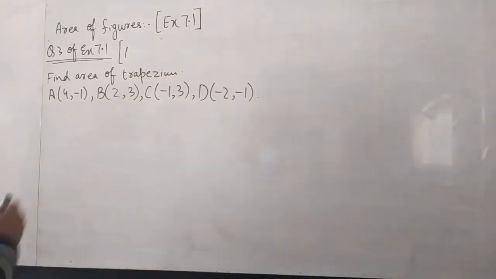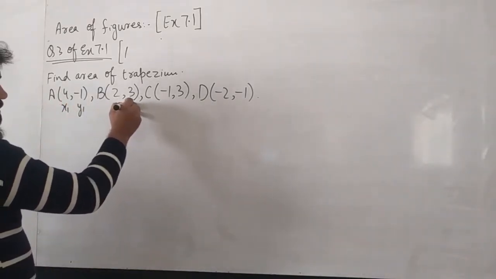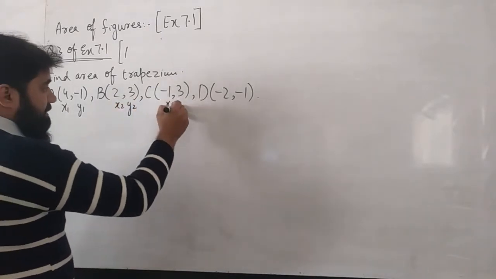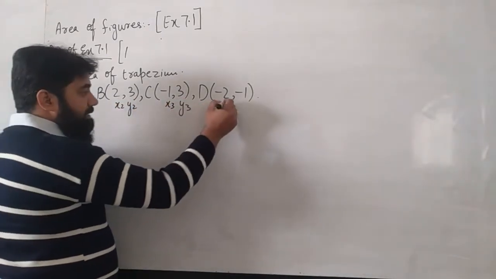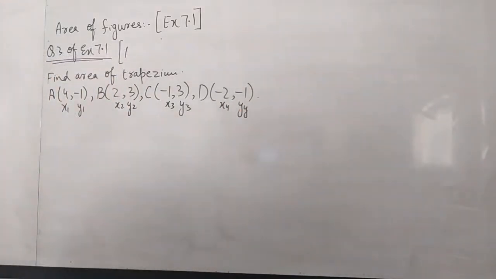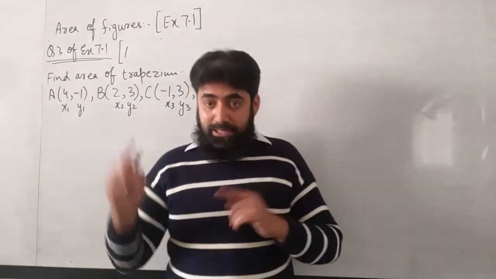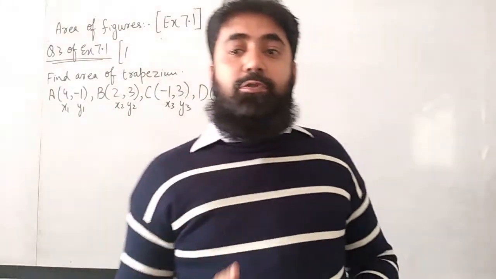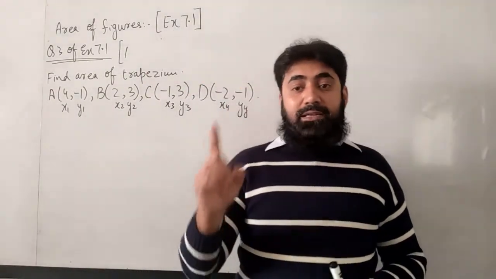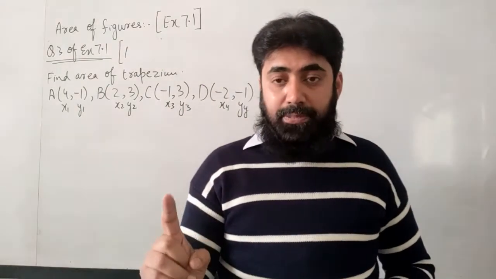Okay, so first of all, x1 y1, x2 y2, x3 y3, x4 y4. Okay, I am using that arrow method, but be careful with it. The second method which I have explained to you, in which we make arrows, is only for Ad Maths. We don't use that in Maths. In Maths you also have a coordinate geometry topic.